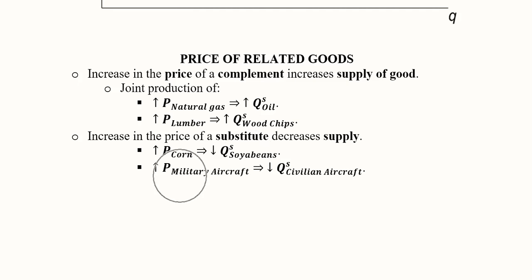Similarly, if the price of a military aircraft increases, the supplier will be interested in supplying more of the military aircraft, and the quantity supplied of the civilian aircraft will accordingly decrease, since they can be considered as remote substitutes, safely speaking. Otherwise, these are also substitutes at different levels depending upon their usage.